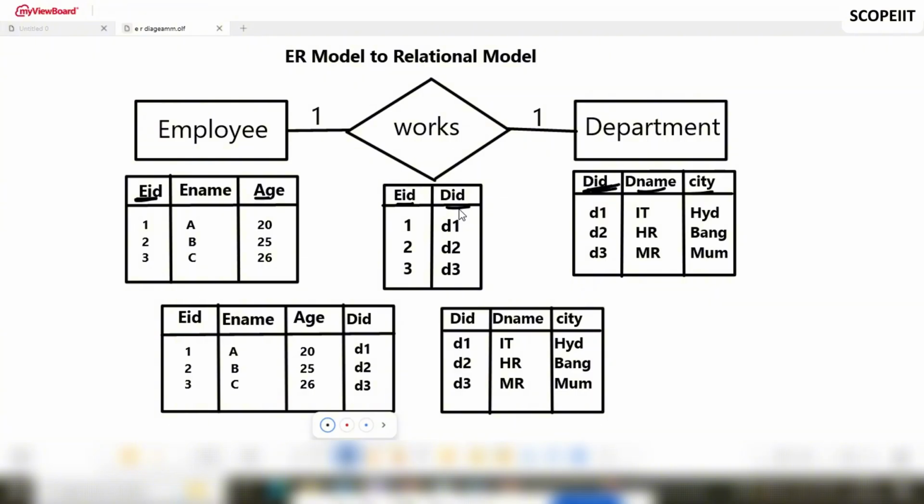Make a note and remember, whenever it is a one-to-one relationship, employee ID or DID, any one can be the primary key. It's not fixed that only EID or only DID will be the primary key. Nothing is fixed. You can make any one a primary key. In this example, I made DID the primary key.